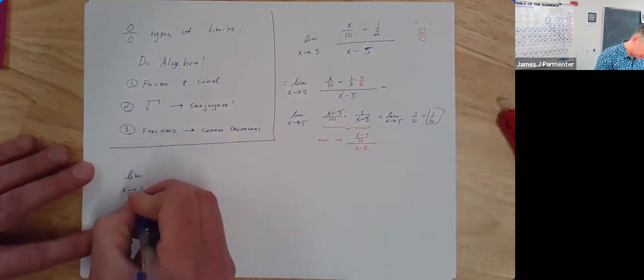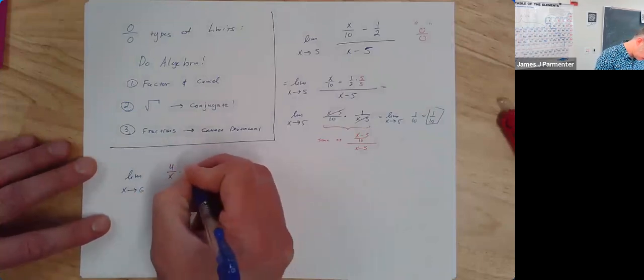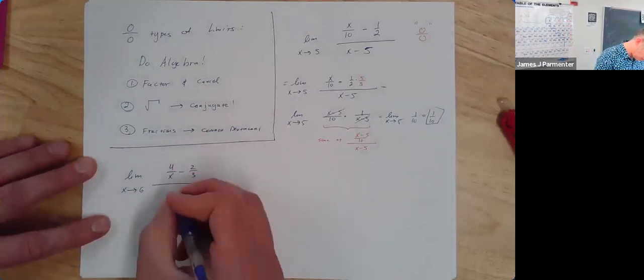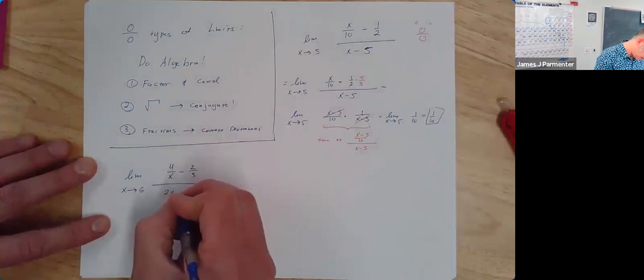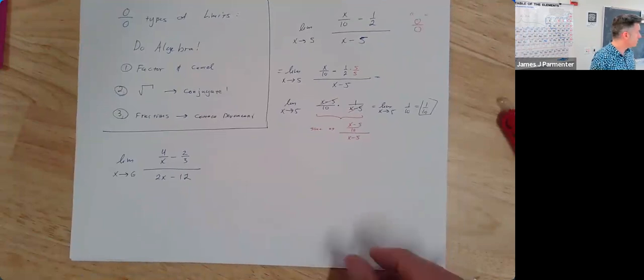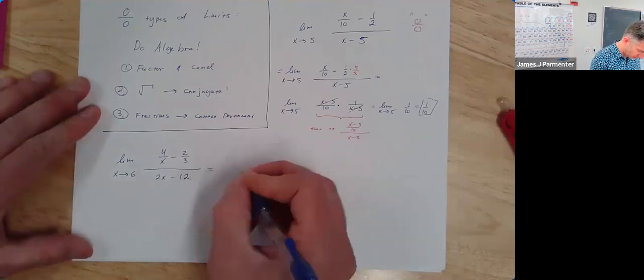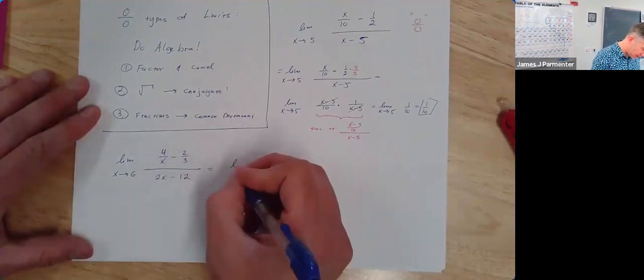So have the limit as x approaches 6, sure, of 4 over x minus 2/3 all over 2x minus 12. Exciting times. Another 0 over 0 type. So here, we're also going to get a common denominator where we have the fractions subtracted or added together.